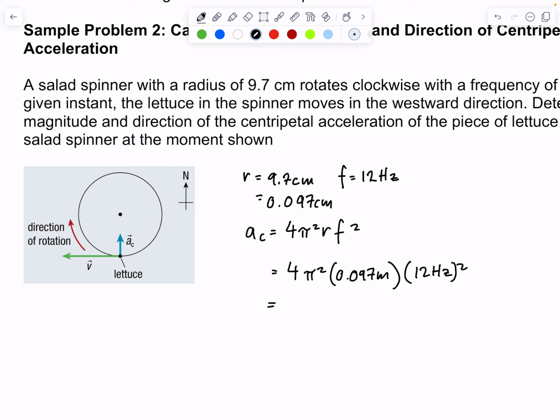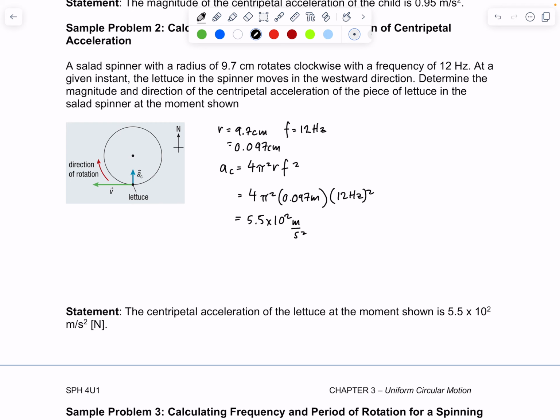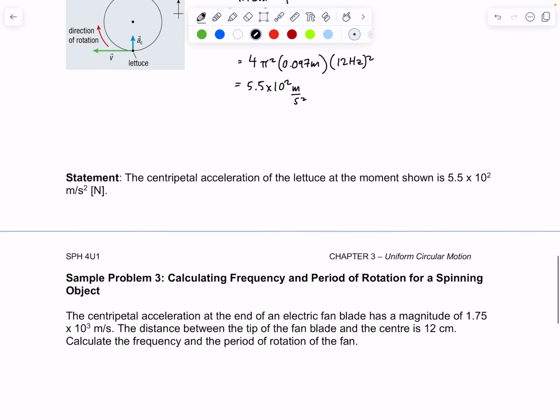We end up with an acceleration of 5.5 times 10 to the power of 2 meters per second squared. Therefore, the centripetal acceleration at the moment shown is 5.5 times 10 to the power of 2 meters per second squared north.